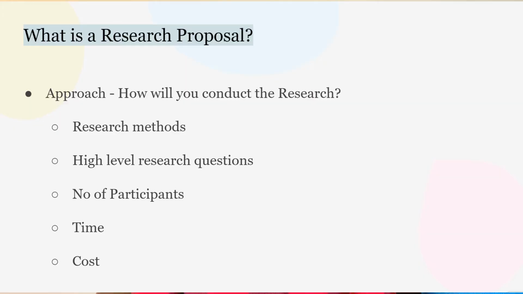So again, your research methods and number of participants will be highly dependent on your research objectives. So clearly defining the research objectives is very important. Include the timeline: it will take 2 weeks or 3 weeks or 1 month to conduct the research. And ultimately, including the cost is very important, because you have to share it with the stakeholders who are going to ultimately approve whether it falls within their budget or not.